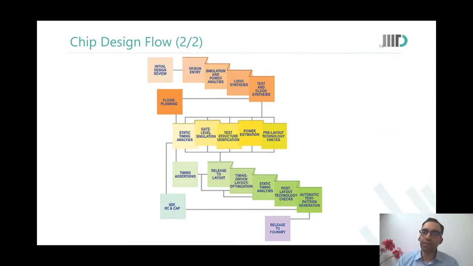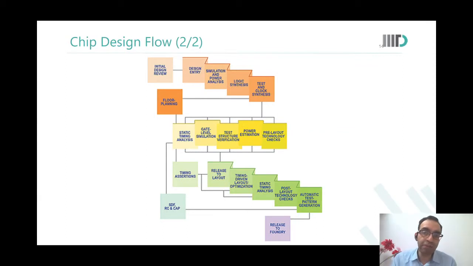So, anything else? So, what kind of checks are done during pre-layout technology checks? Pre-layout technology checks, as I mentioned, even at the gate level netlist, the load of any one of my gates is not greater than 200 femtofarads. That is kind of a pre-layout check. You don't even need to know the layout.